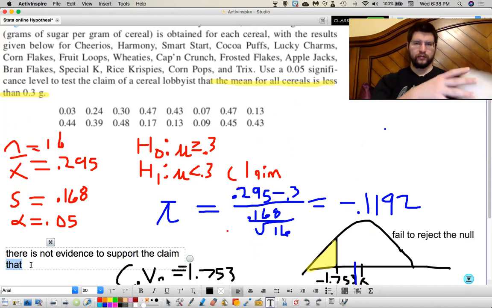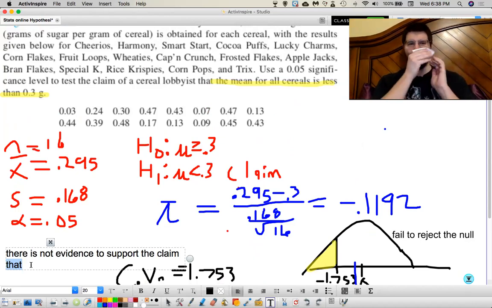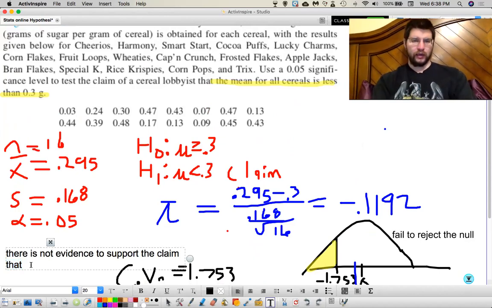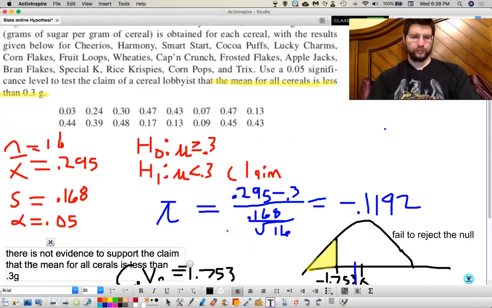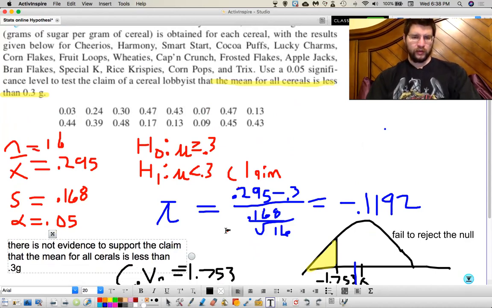The mean, I guess I could say sugar content, whatever. That the mean for all cereals is less than 0.3 grams. And that's it.